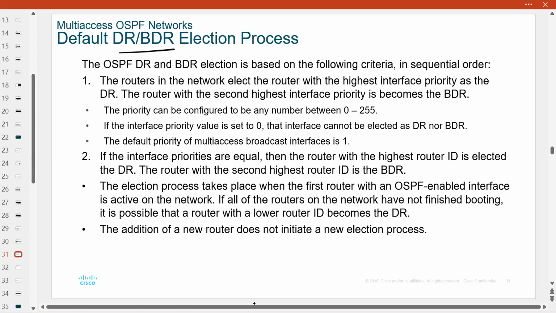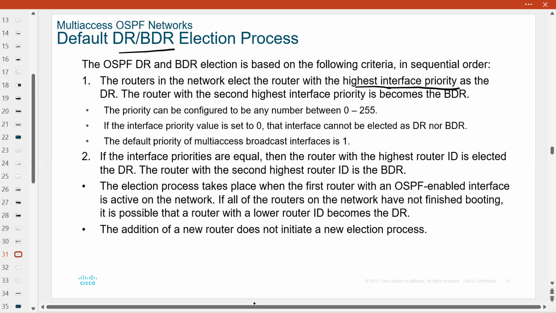Number 1, the routers in the network elect the router with the highest interface priority as the designated router. 2, if the interface priorities are equal, then the router with the highest router ID is elected as the designated router. If we don't have a router ID, then we have the loopback interface, then we have the IP addresses in order of precedence. So here we've only added the interface priority value here.